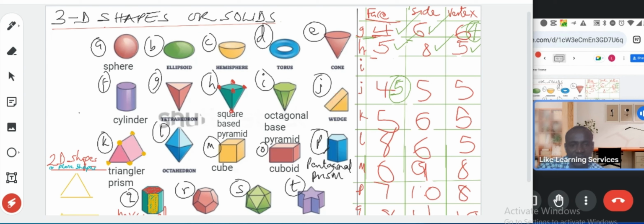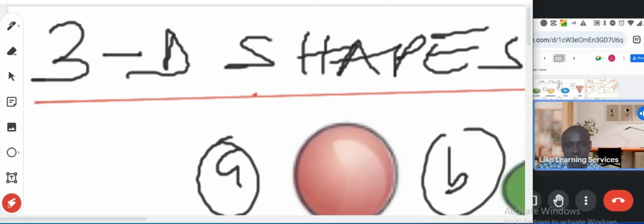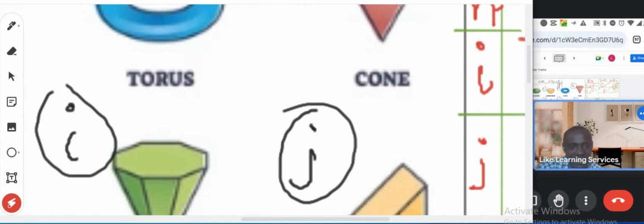Let's see the sides. We have 1, 2, 3, 4, 5, 6, and 7 on the other side. Okay, no, it's more. Okay, this is how I'm going to do it so that it will help you to see it better. I'm going to draw out the hidden parts, those parts that are not exposed.